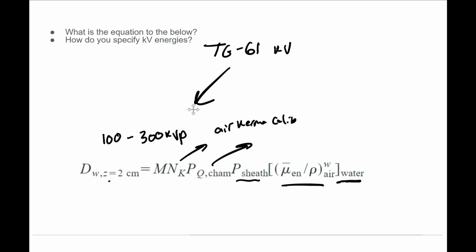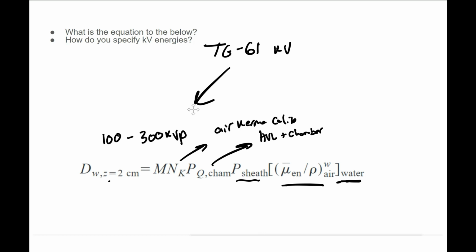Now, specifically here, you are going to look up the half value layer, which, actually, we'll just answer the second question. That is how you specify kV energies. Rather than a percent depth dose or a percent depth dose 10x, we're using half value layers. So look up HVL and your chamber specifically. That is how you're going to determine your P_Q chamber.